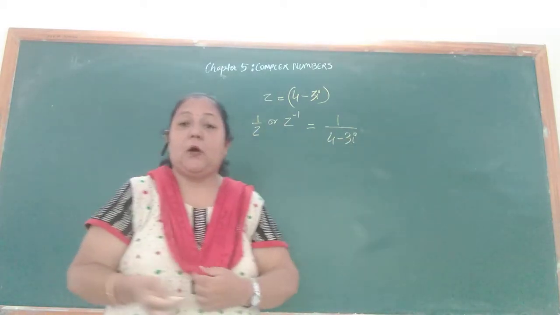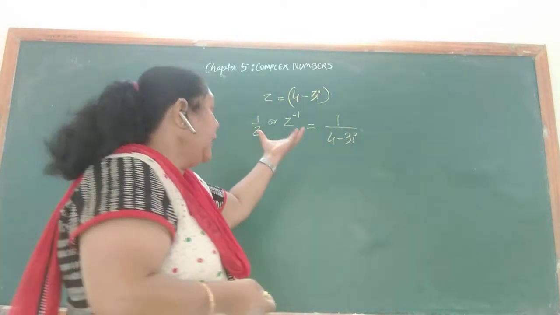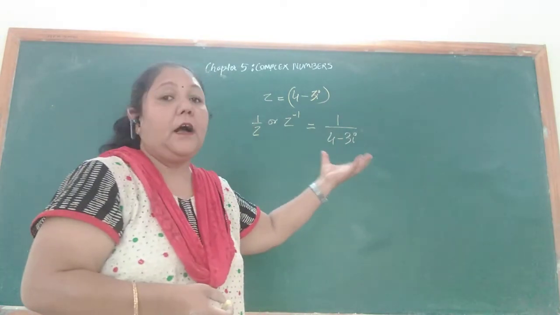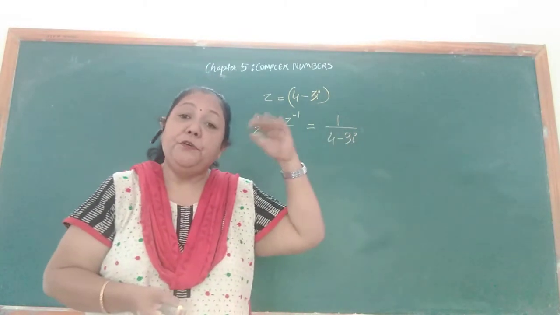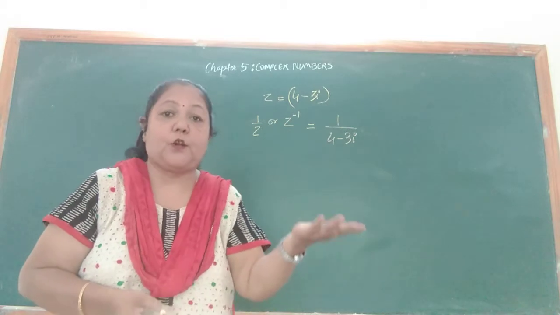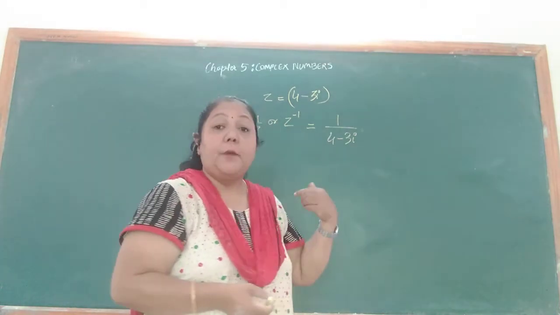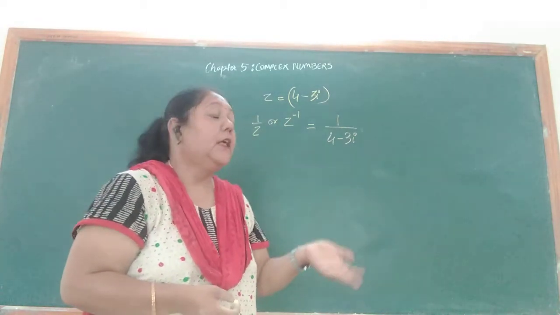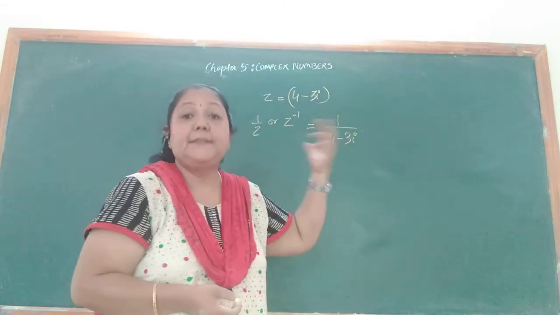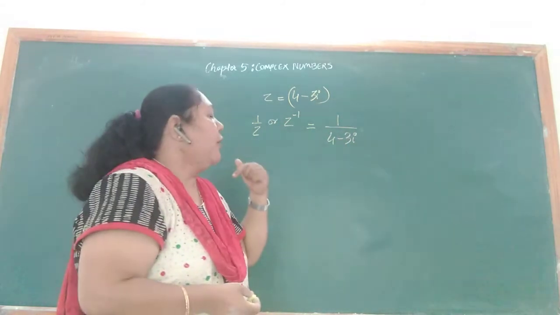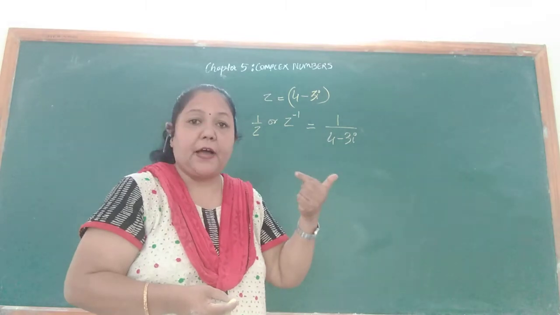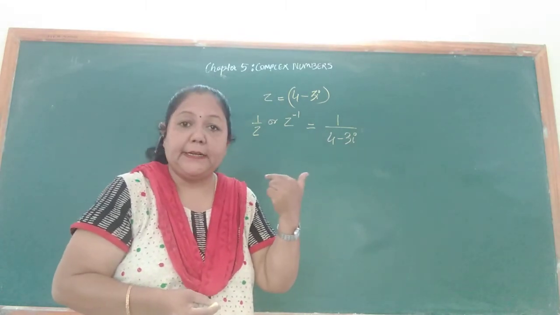Whenever you have a complex number in your denominator, you have to rationalize it. So the denominator has to be rationalized. Now how to rationalize a denominator? You have to multiply and divide by its conjugate term.